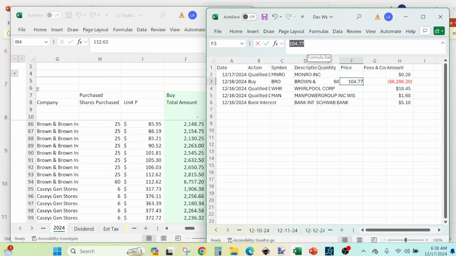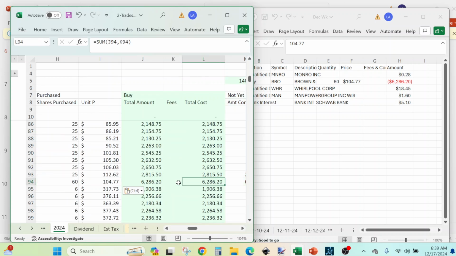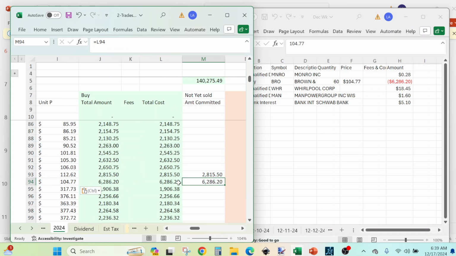There were a few instances that we purchased it again, but it was not intentional. We thought we didn't have it and added more to it. But other than that, we tend to sell what we purchased that has a negative unrealized loss in the account before we buy more.